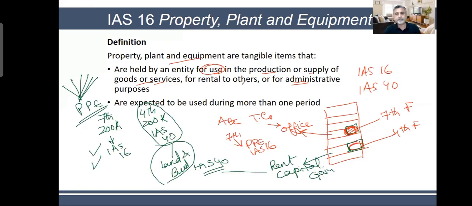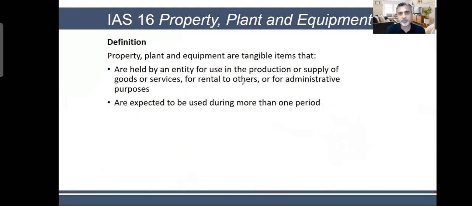Yes. Okay. Now, if I talk about IAS 16, which is property, plant and equipment, like I said, it might have land, building, machinery, furniture and fixture, computer equipment, motor vehicles, all of them. The idea is that you are using it in the business for the production of goods and services, or you are using it for administrative purposes, but it is being used.